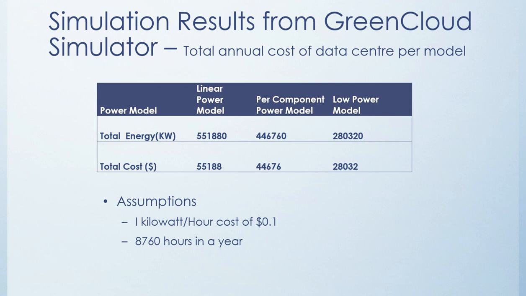Taking the assumption that 1 kilowatt hour will cost $0.1 and that there are 8,760 hours in a year, you will find that the total cost of running the data center per year is about 55,000 in the case of the linear power model, and this goes down to 44,000 in the component power model. But with the low power model, you are spending only 28,000.